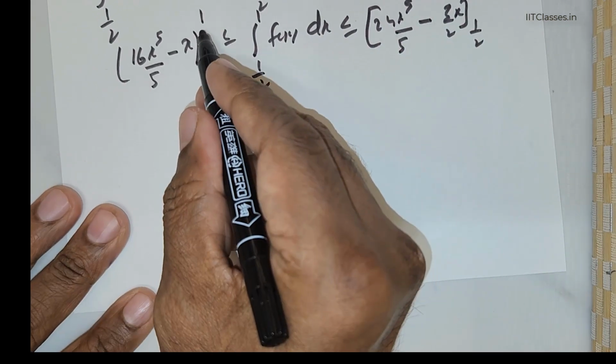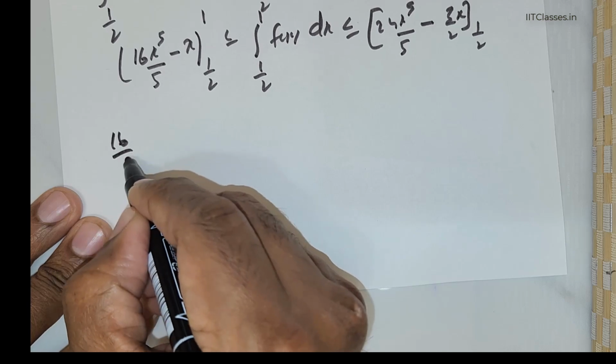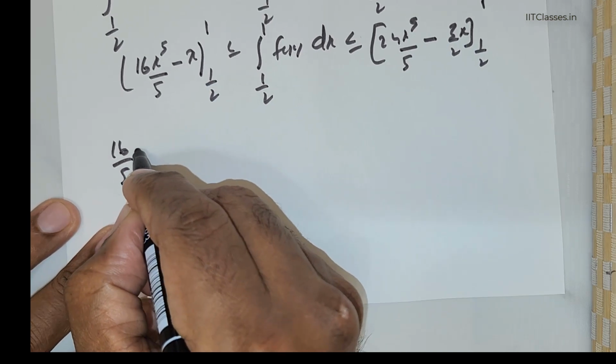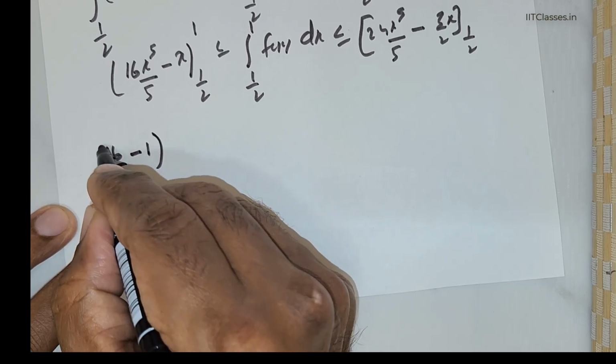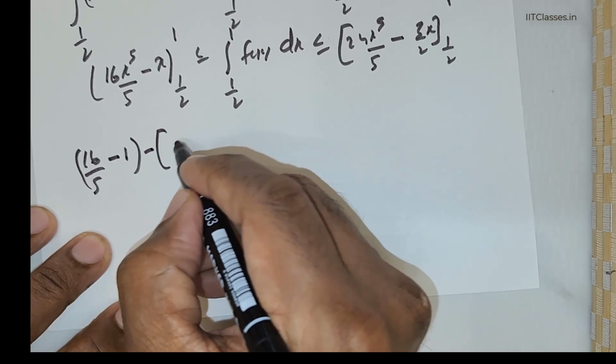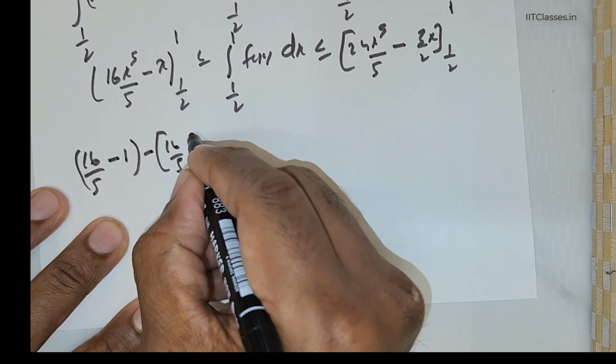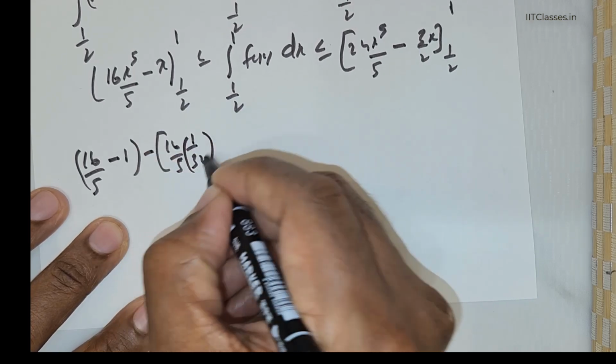Okay, fair enough. I substitute the upper limit, I get 1 and then followed by 1, and then I substitute the lower limit, I get 16 over 5. Lower limit is 1 over 32. Right, it's 1 over 32.